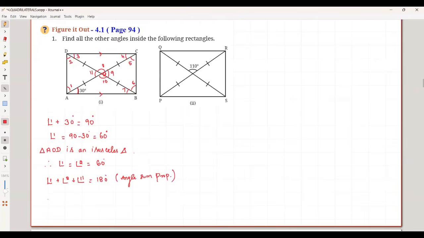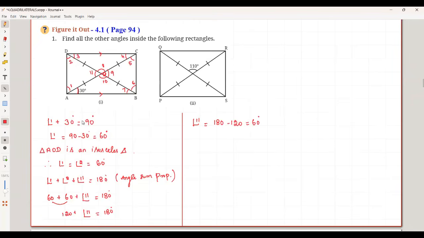So angle 1, 60 degrees, plus angle 2, 60 degrees, plus angle 11 is equal to 180 degrees. 60 plus 60 is 120, plus angle 11 is equal to 180 degrees. So angle 11 is equal to 180 minus 120, which is 60 degrees.